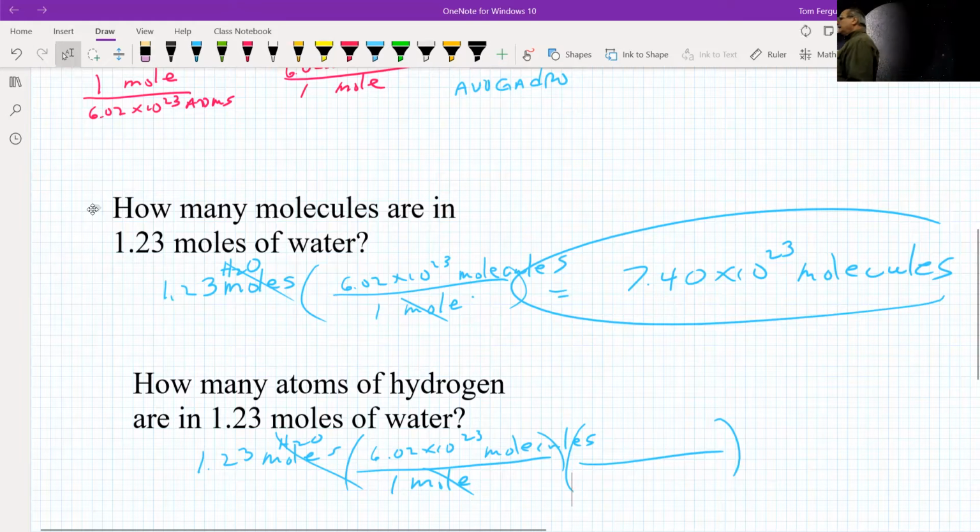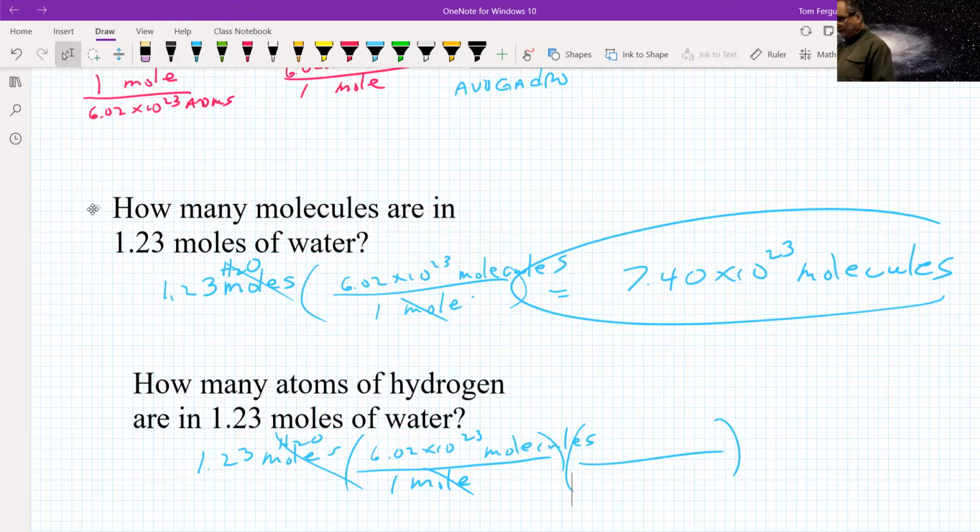Hydrogen atoms. Yeah, so the total number of atoms in a molecule is 3 and hydrogen is 2. But you can do it that way, or we can have a conversion factor. So there are 2 atoms of hydrogen to 3 atoms total.